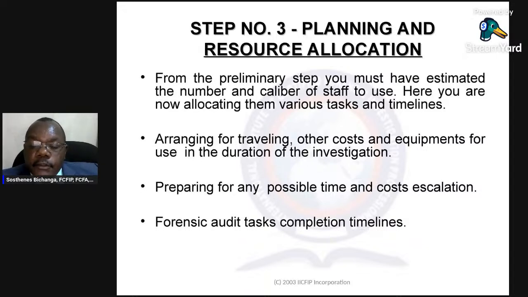But at this stage, I'm just saying that this is a very important document which must be procured at this stage of planning and resource allocation, so that when the investigation team starts collecting the first items of evidence, they start entering that chain of custody. It must be done systematically, and it must be shown that it was done systematically, and the documents were well preserved by the investigators.